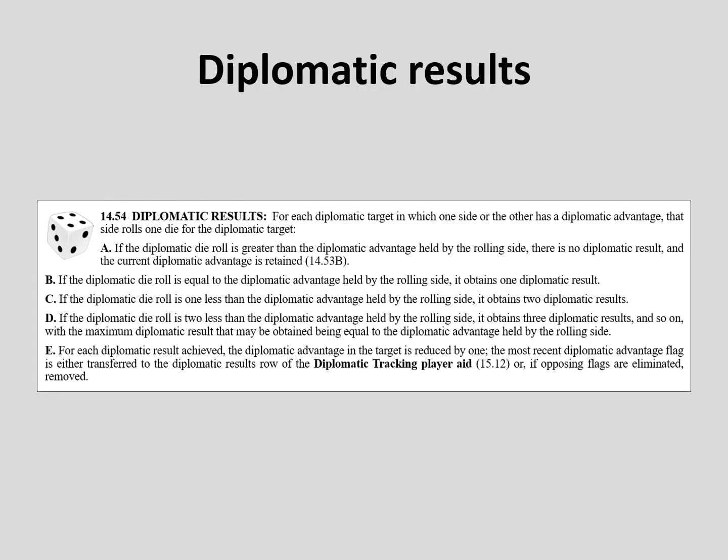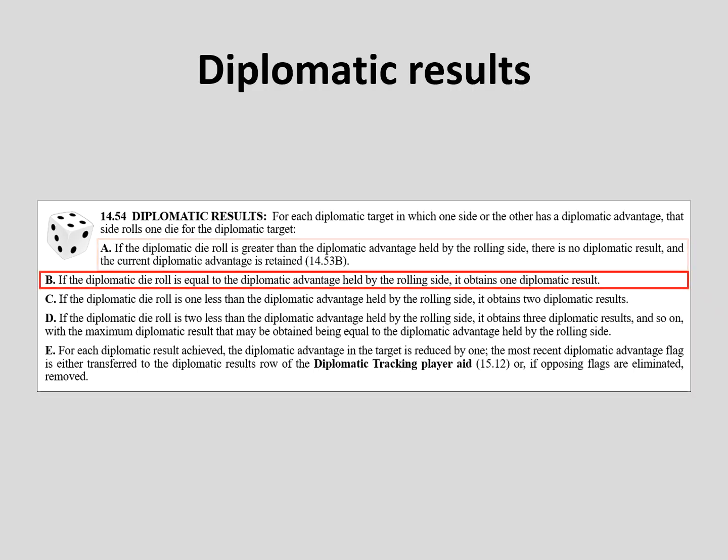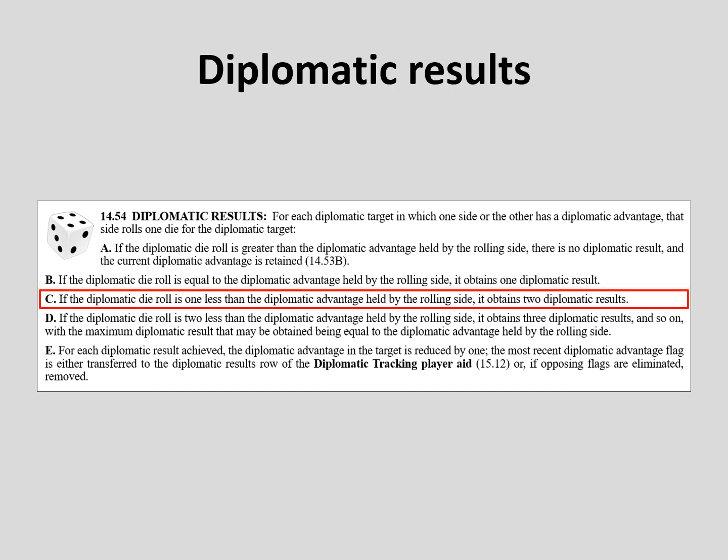One die is rolled for every diplomatic target in which one side or the other has a diplomatic advantage. A diplomatic die roll that is greater than the diplomatic advantage has no effect. A diplomatic die roll that is equal to the diplomatic advantage converts one diplomatic advantage into a diplomatic result. A diplomatic die roll that is one less than the diplomatic advantage converts two diplomatic advantages into two diplomatic results.